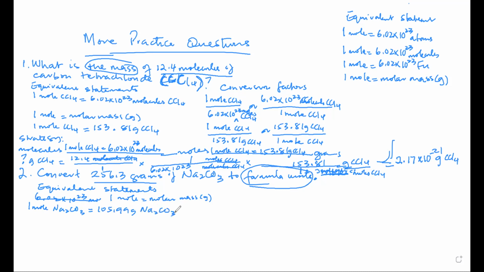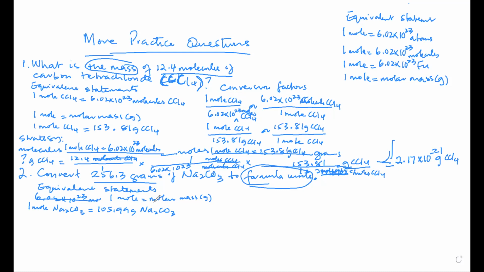Okay. Then the conversion factor: I will not write down this conversion factor because of space. It will be 1 mole of sodium carbonate over 105.99 grams of sodium carbonate, or 105.99 grams of sodium carbonate over 1 mole of sodium carbonate.